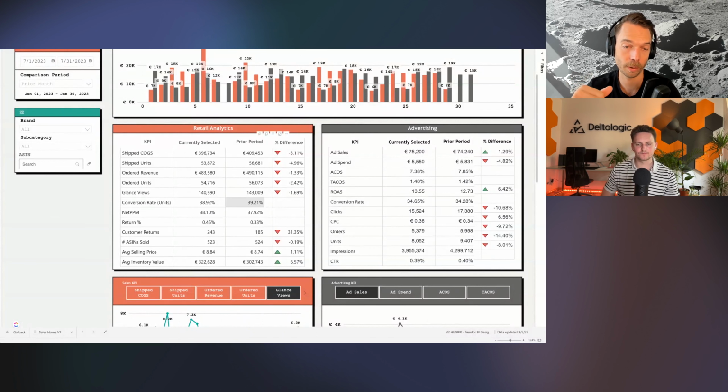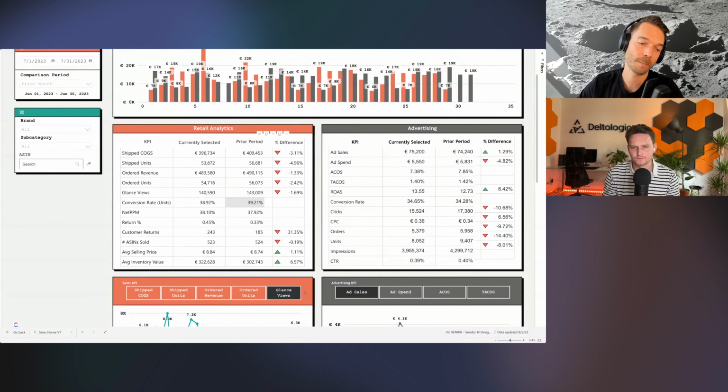If this is falling, I know where to look. And this is also something that we provide on ASIN levels. So if we have top selling ASINs with a decreasing conversion rate, I know there's something going on. This helps me identify potential risks at a very early stage, and that's why I love this KPI.